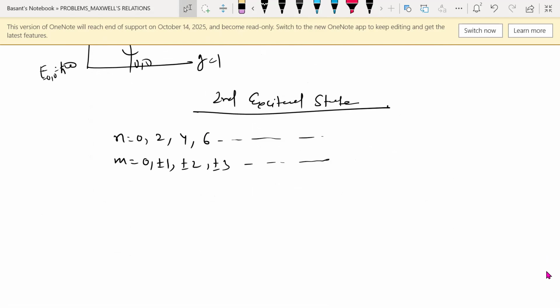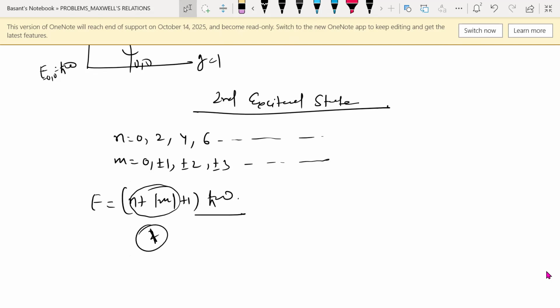So I have to take energy greater than 2ħω, not too much higher. So energy is equal to (n plus mod m plus 1) ħω, and n plus mod m just greater than 1 is 2.